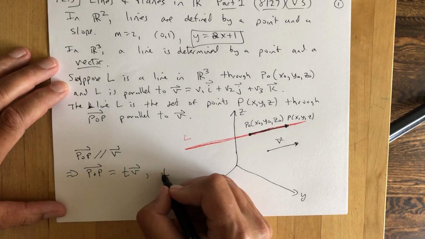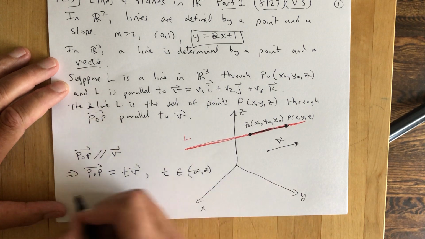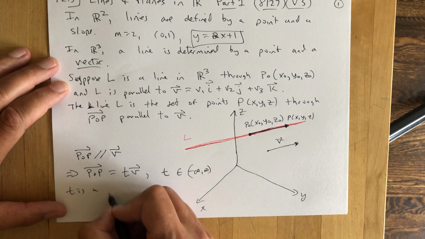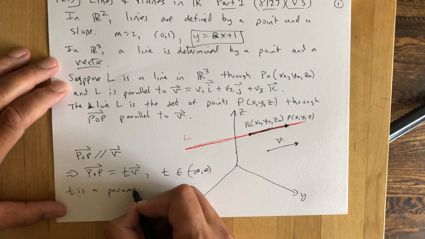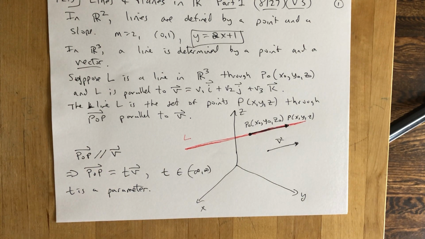And t runs between the numbers minus infinity to infinity. t is a parameter. It doesn't get an axis, it just runs things.